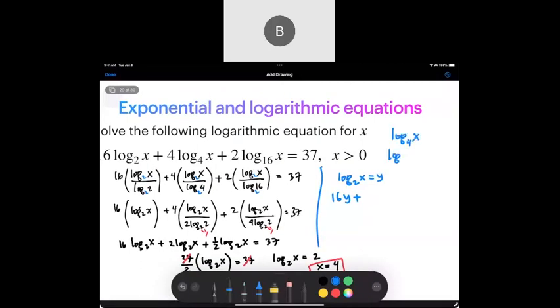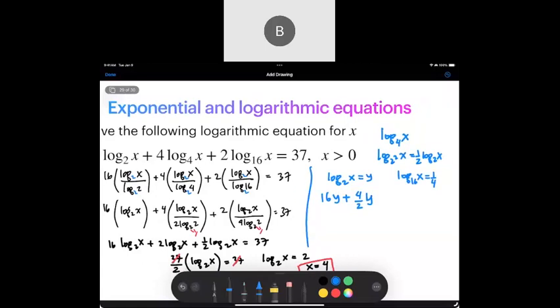Log 4x is equal to log 2 by 2x, so it will be half log 2x, or this will be 4 multiplied by over 2y, okay? And then another one, the log 16x, this will be equal to 1 over 4 of log base 2x. So we have plus 2 over 4y equal to 37.